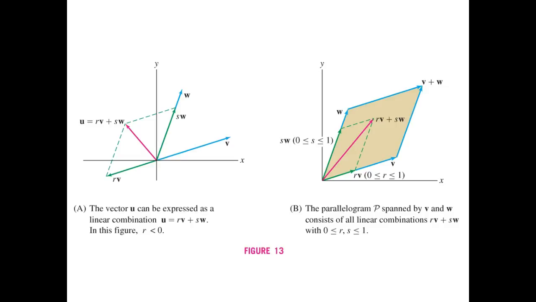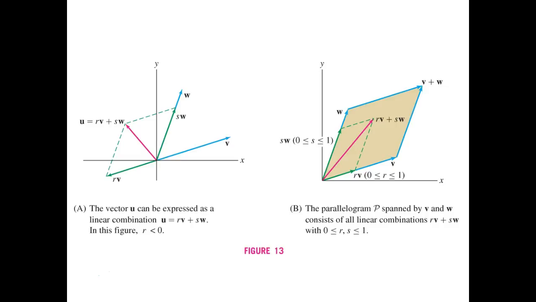So rv would be here, sw would be here, and rv plus sw, with r less than 1 and s less than 1, is going to be completely contained within the space of, you might say, v plus w.